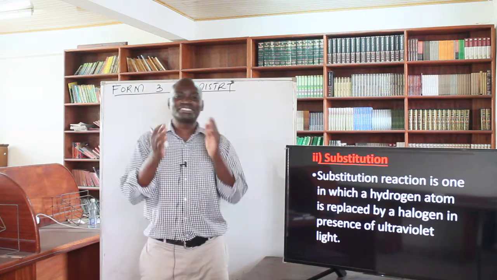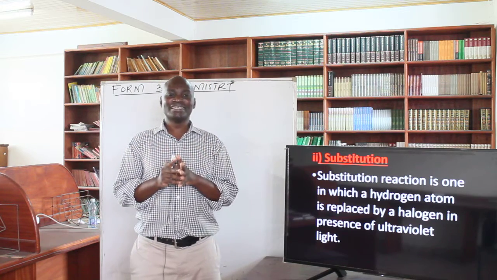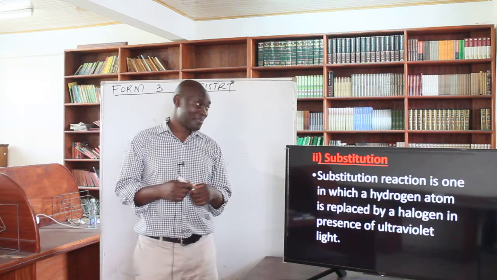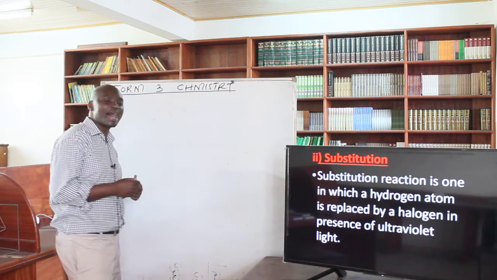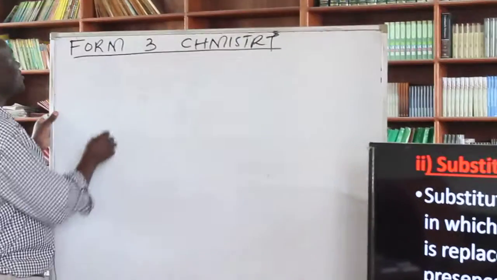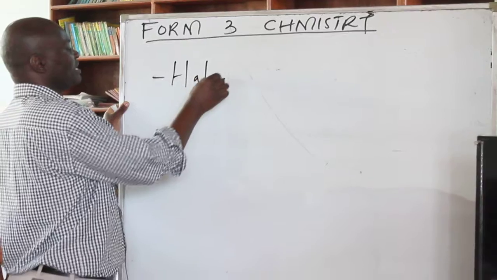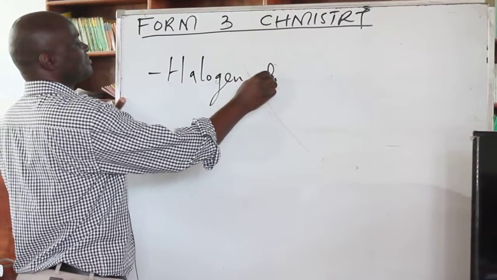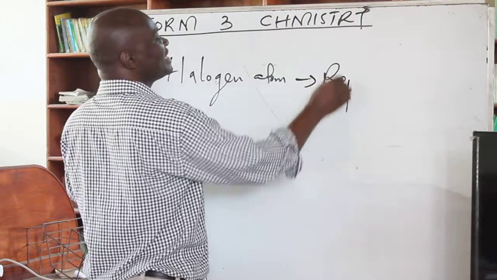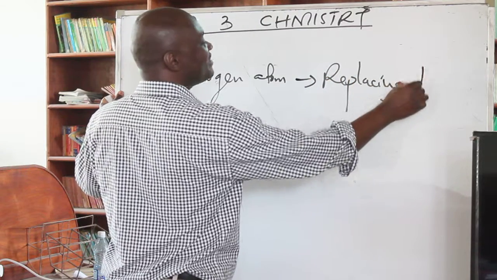So when we talk of substitution, it is where one of the hydrogens in the alkanes is replaced by a halogen atom. And this reaction occurs in the presence of sunlight. So we are talking of a halogen atom replacing a hydrogen atom.